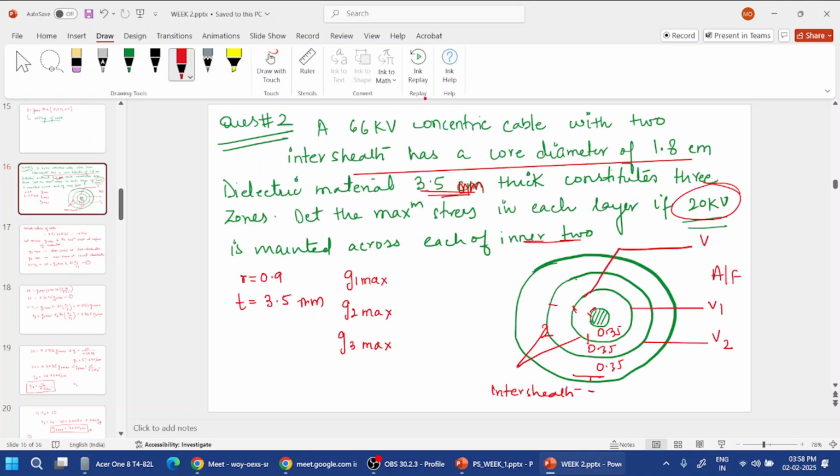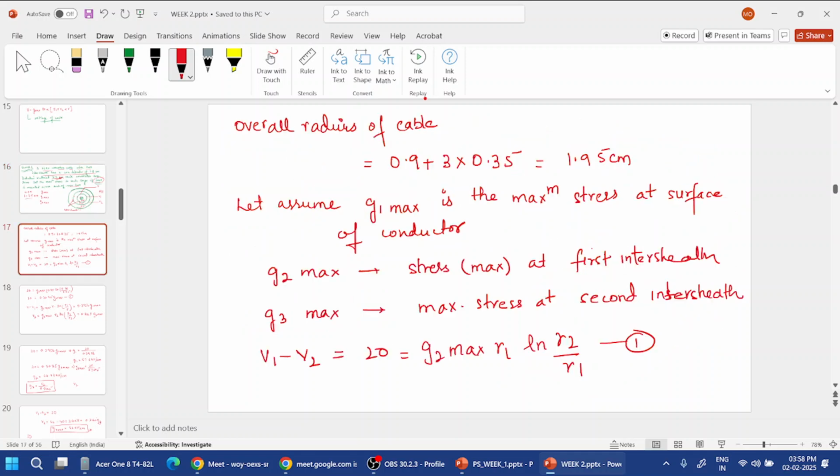In this question, a 66 kV concentric cable with a core diameter of 1.8 centimeter is given, and the dielectric has been divided into three zones, and each zone has a thickness of 0.375 centimeter. Now we will solve another question.